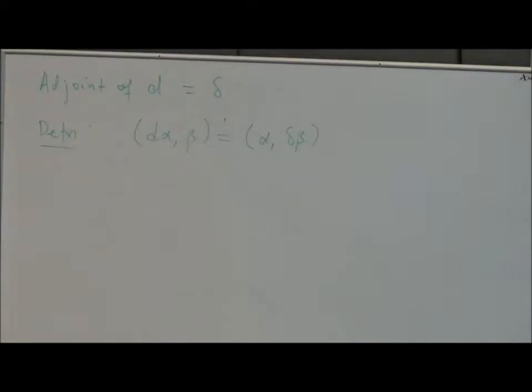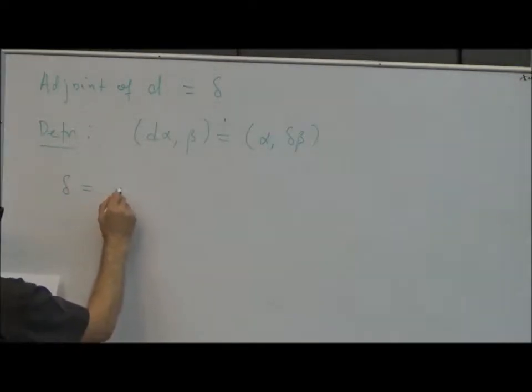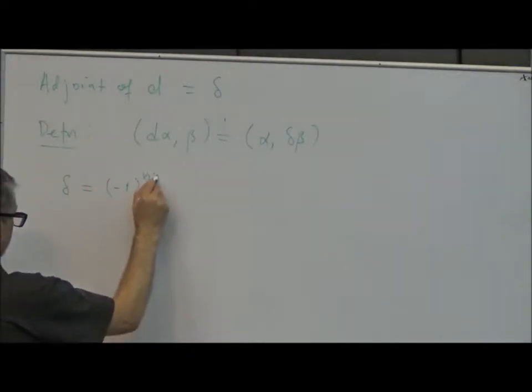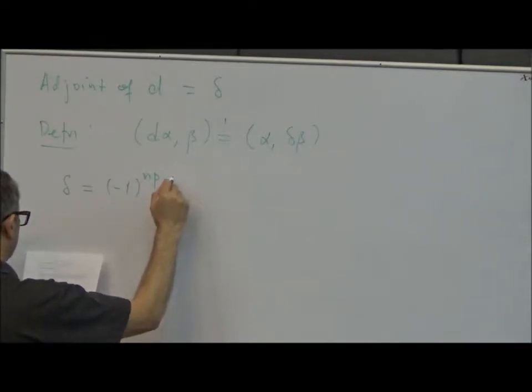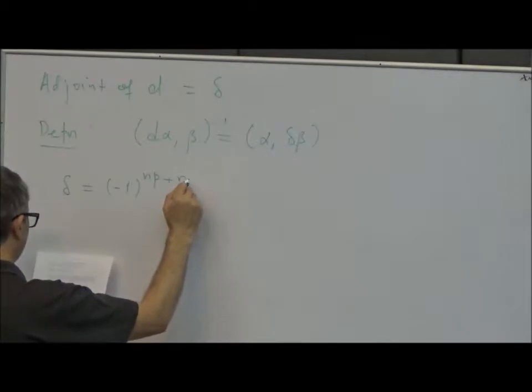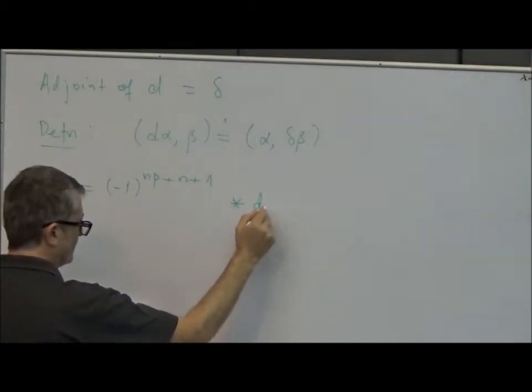And it's not very hard to show. Delta is actually equal to minus, well, I'll say, (-1)^(np+n+1) star d star.